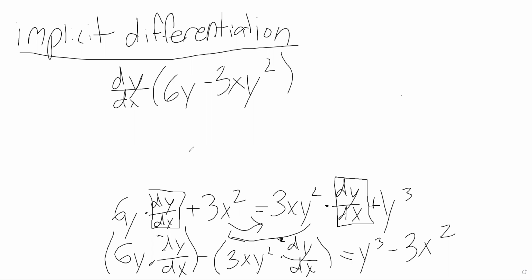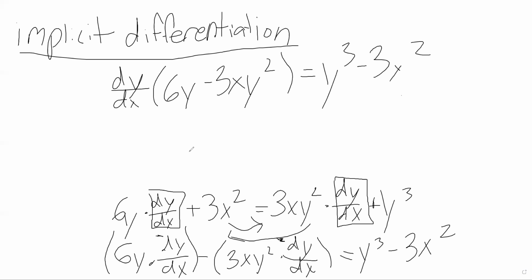So any time that you have them, they have a common factor, and we can pull that out as a kind of GCF. But in this case, it's not the GCF, it's a common factor that we're pulling out. So we pull that out and we have that equal to the right side.